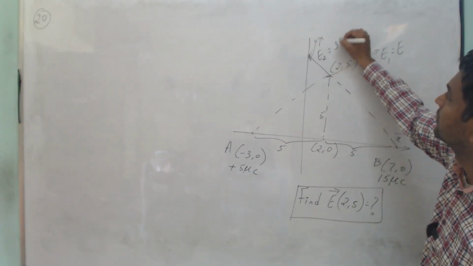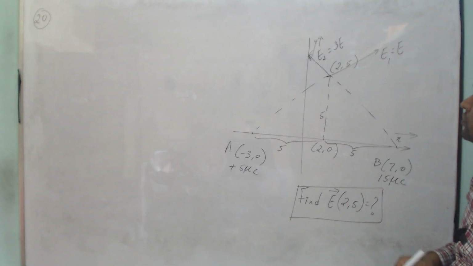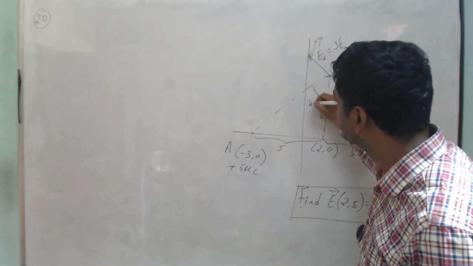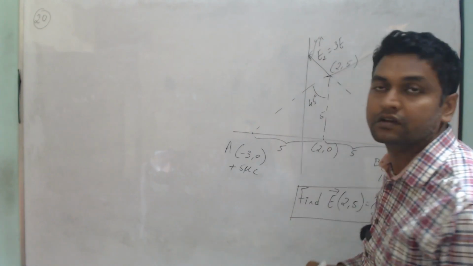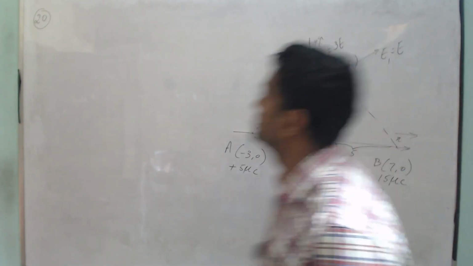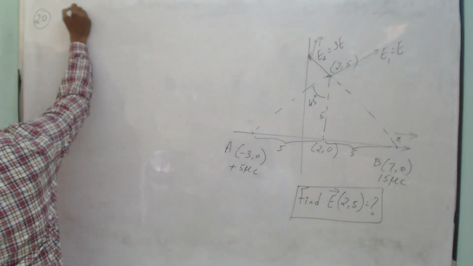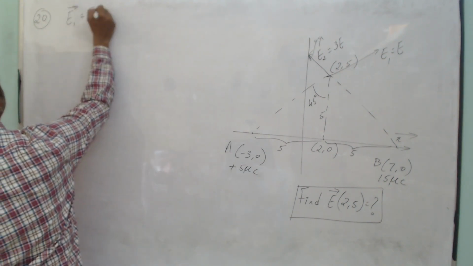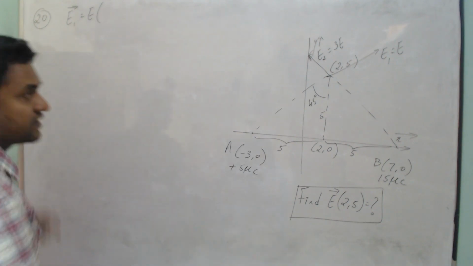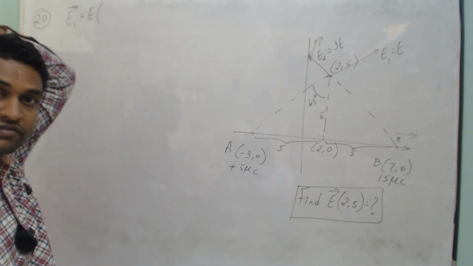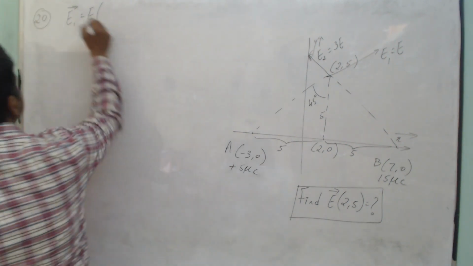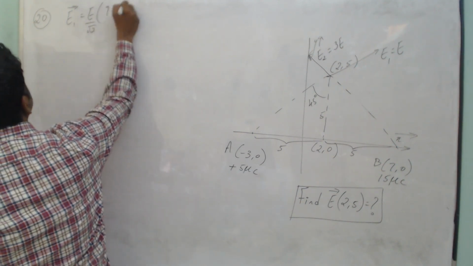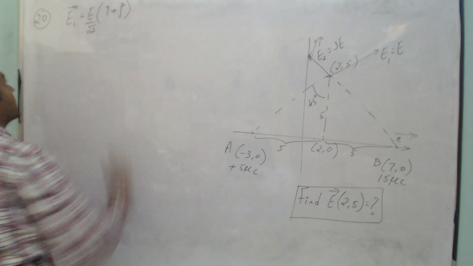Now the angle is 45 degrees like the previous question. So I'll write E1 bar is equal to E times cos 45 i cap plus sin 45 j cap. I'll take 1 by root 2 outside, i cap plus j cap. Correct?